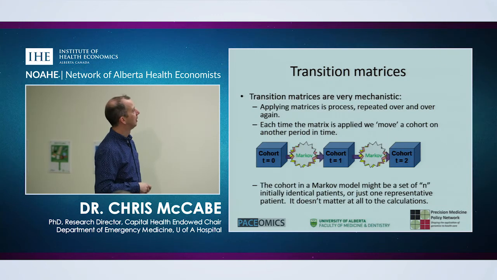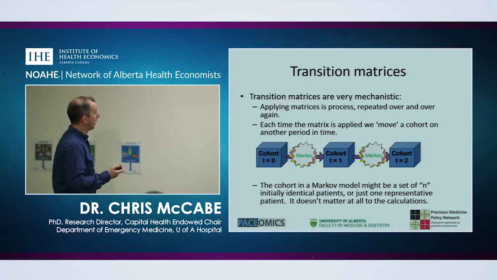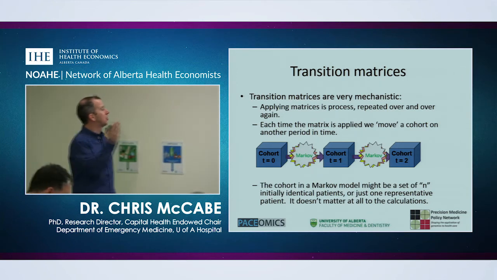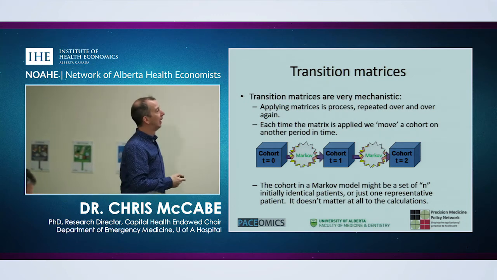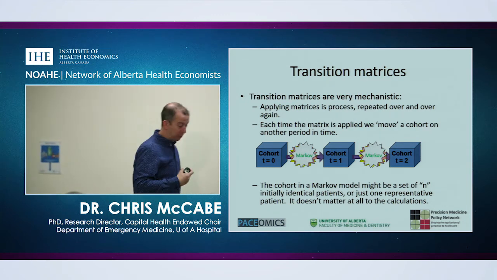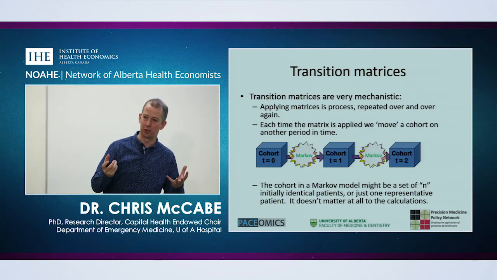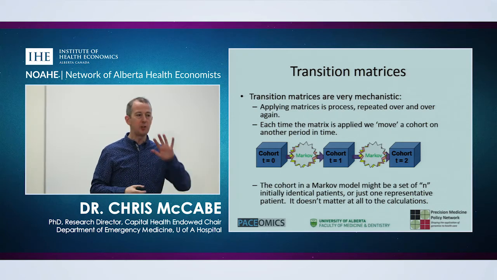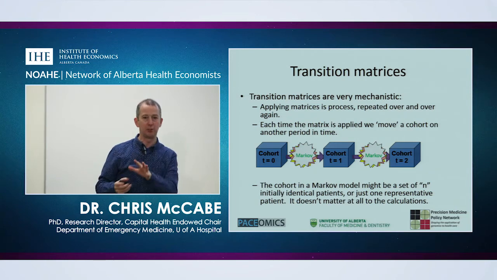Okay. So once you've got your transition matrix, it's actually pretty mechanistic. You apply the transition matrix to the patient cohort repeatedly. If you're interested in getting the total budget impact of your technology, as well as its individual cost effectiveness, then you set the cohort to be the size of the population you're going to treat, and it will give you that information.